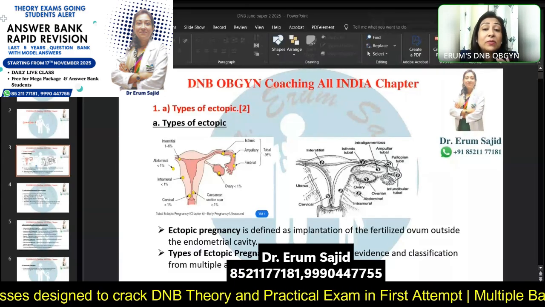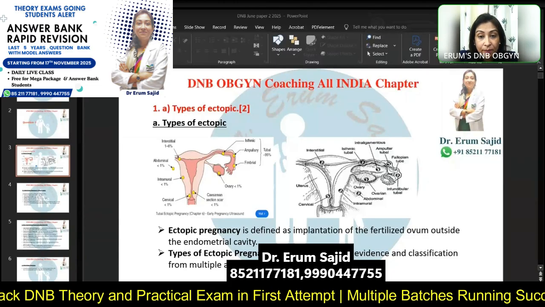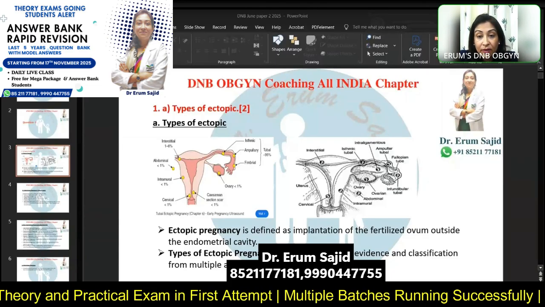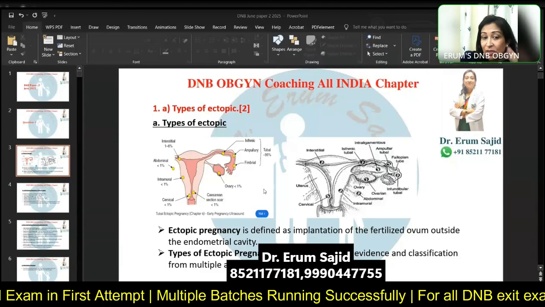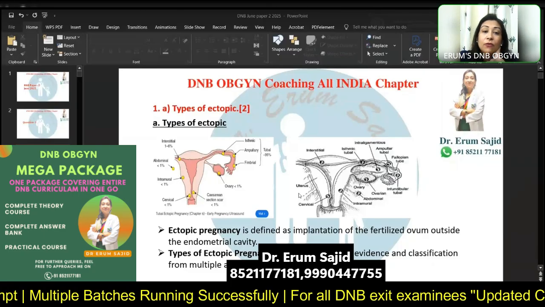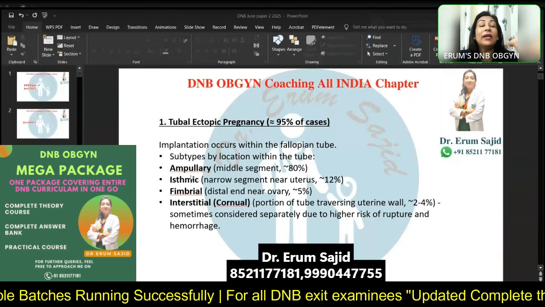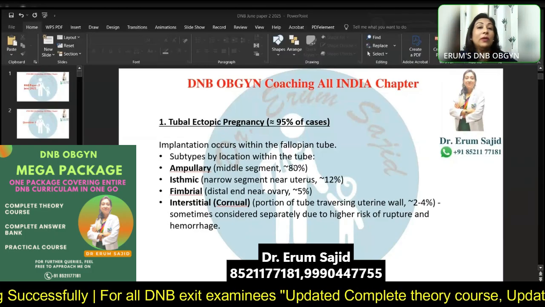Just by this figure alone, I'll be able to tell you interstitial ectopic, cervical ectopic, all these will tell me the types of ectopic. So there's no need for the ectopic pregnancy definition over here, but yes, if you feel, you can write it down. There are a couple of tubal ectopic pregnancies. You can describe further, like tubal ectopic and non-tubal ectopic.